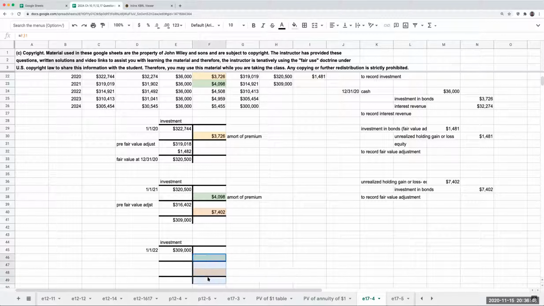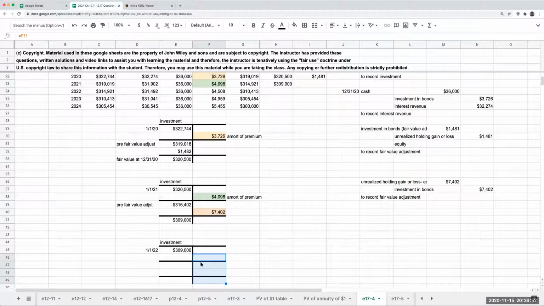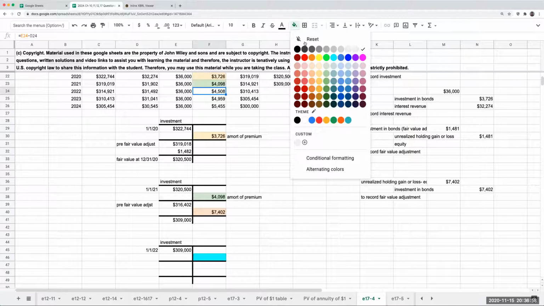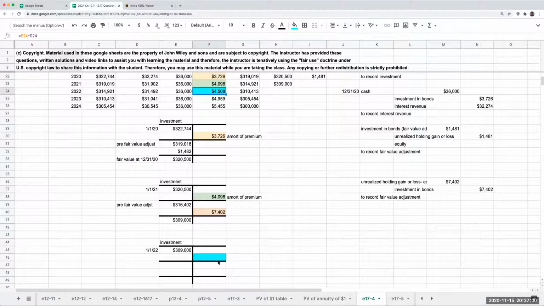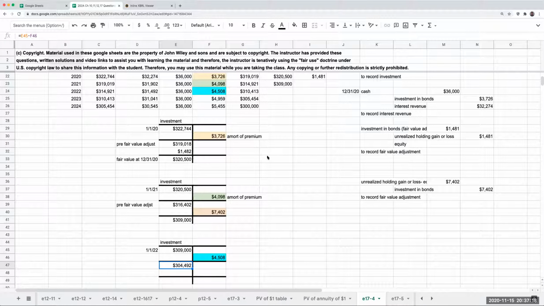During 2022, I amortized my bond by 4,508. So my ending carrying value is 304,492. But here it tells me that my ending value in 2022 was 308,000.